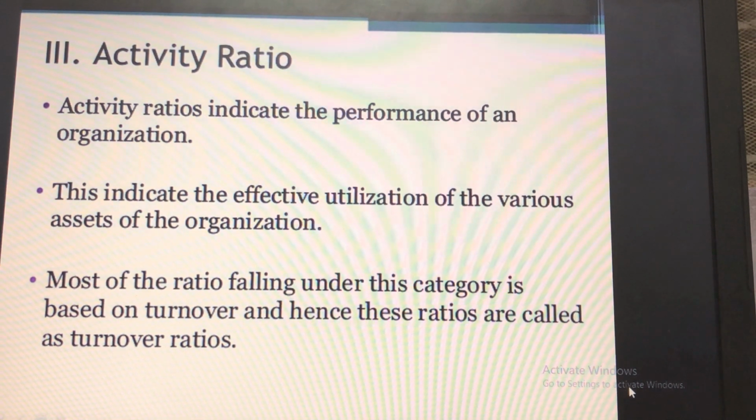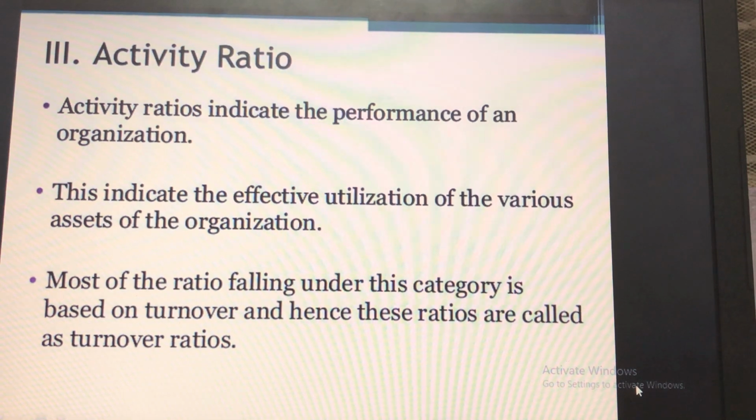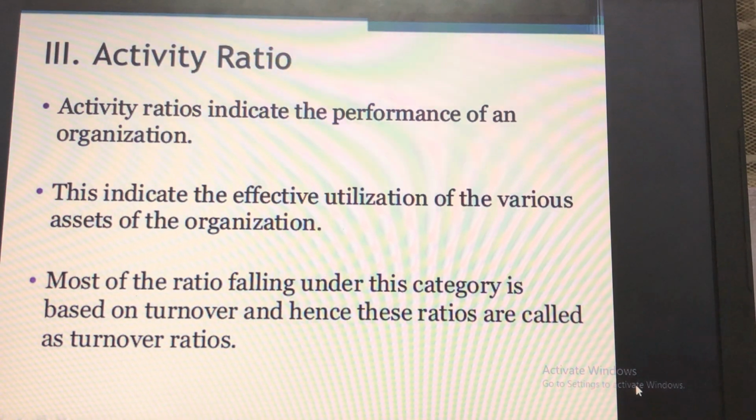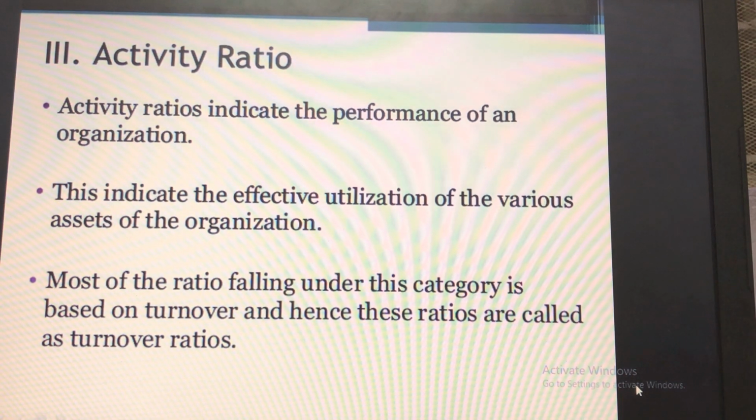Activity ratio. Activity ratios indicate the performance of an organization. This indicates the effective utilization of the various assets of the organization. Most of the ratios falling under this category are based on turnover, and hence these ratios are called turnover ratios.